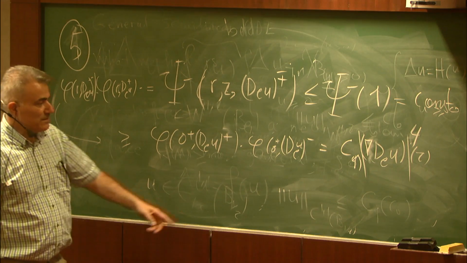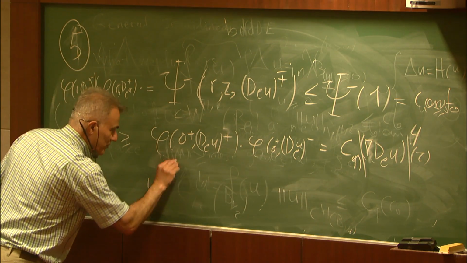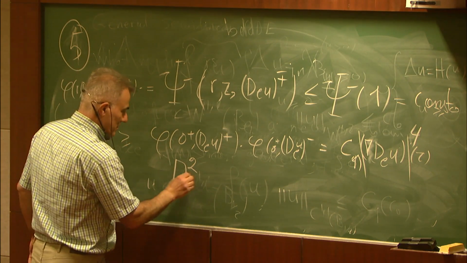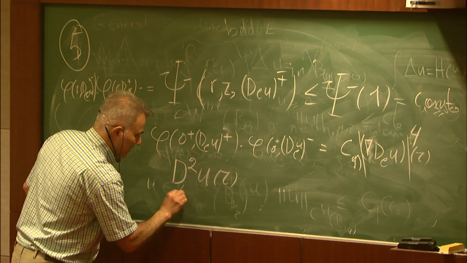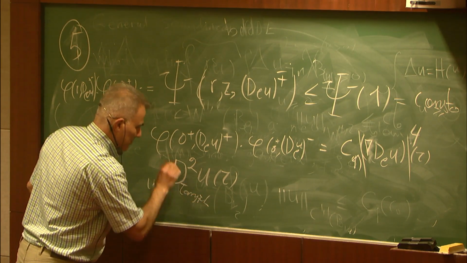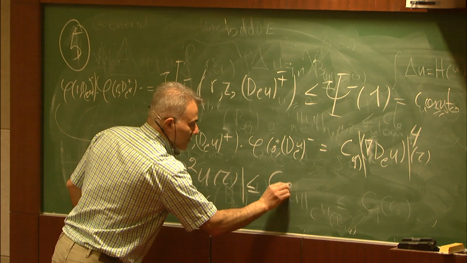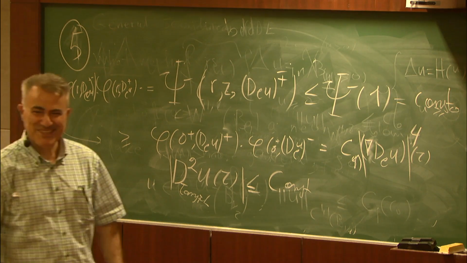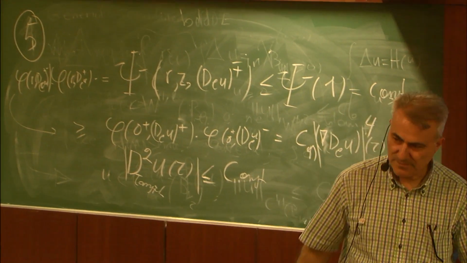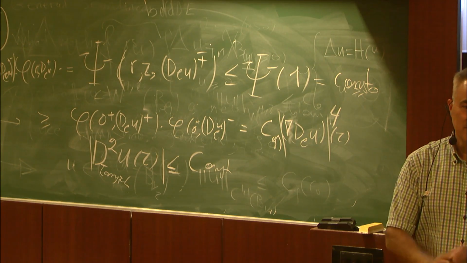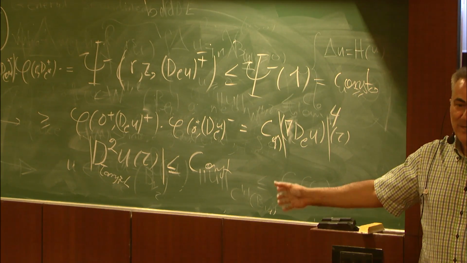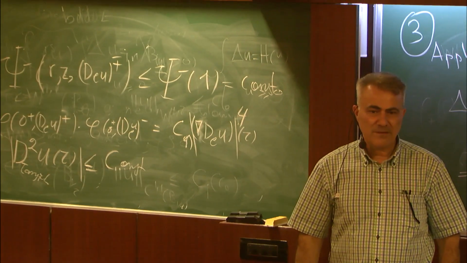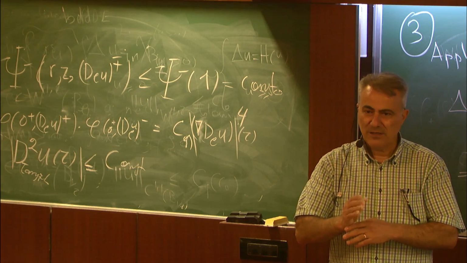So what I have here is that the second derivatives of the function u at the point z, only in tangential directions, are bounded by a constant. If the table were a bit longer, it would be one line. So that's the proof of it. And now you complete this with the PDE, and you get the derivatives, which tells you that also the normal direction is bounded.